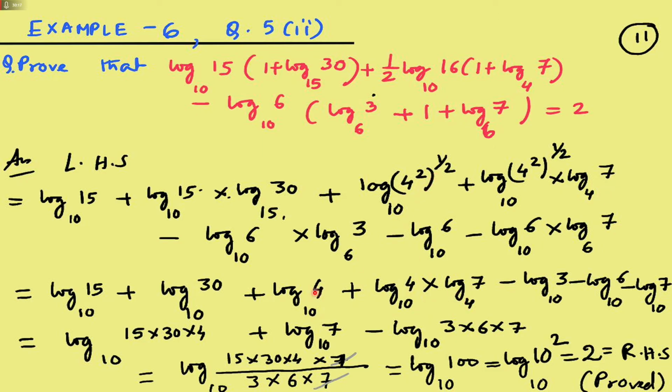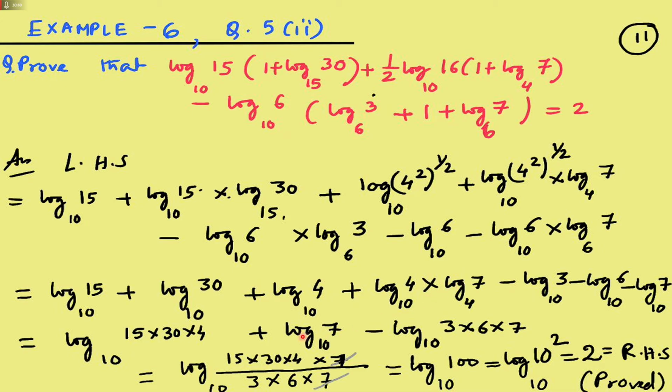This will give you only log 4 base 10, and this is log 30 base 10. Now this log 15 base 10, log 30 base 10 and log 4 base 10 are in addition form, so their number will be product, and you will get log 15 into 30 into 4 base 10 plus.